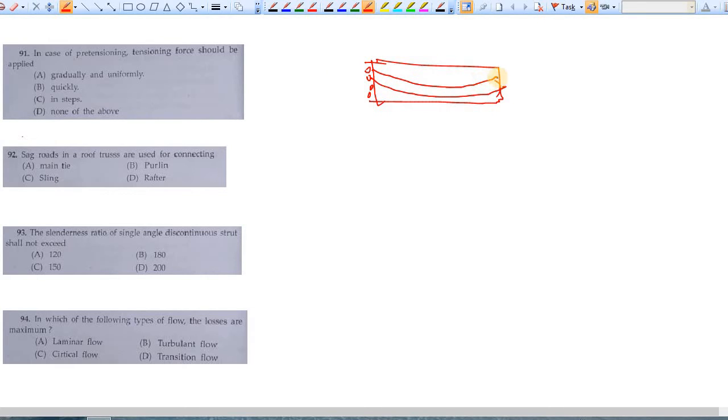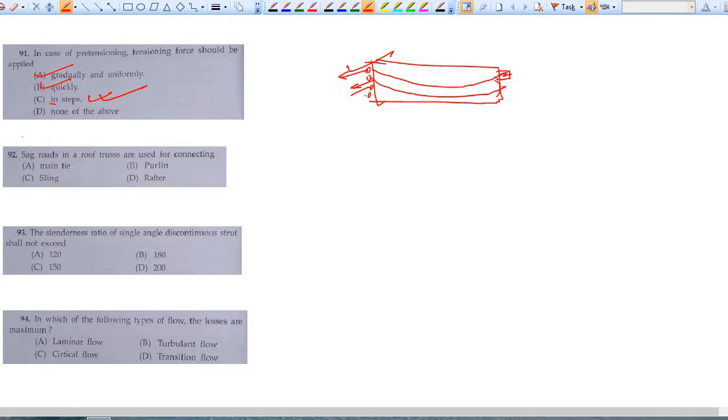They may be tensioned from one end and anchored in the other, and the tension is applied sequentially. Well, this sequence needs to be designed, so they never happen quickly, neither are they given gradually. Step by step the tensions are applied in each and every tendon. So C is the correct answer.